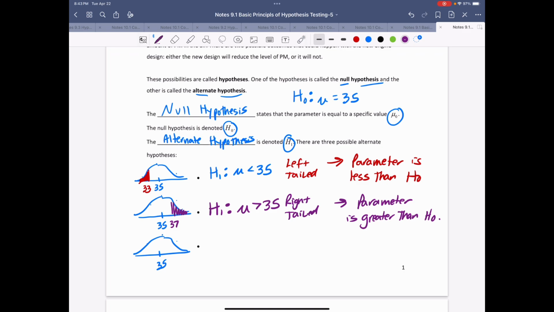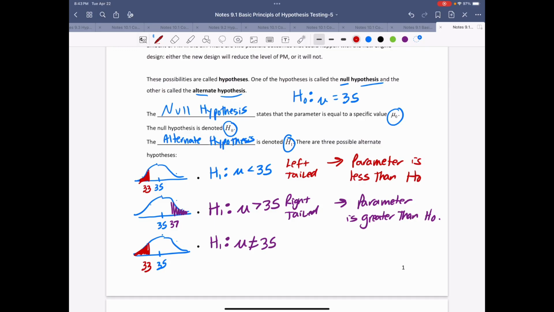And the last one is, I don't want to commit to less than or greater. I just think that it's different. So I think the parameter is different than 35. Let's say that you got a sample result of 33. So let's put the 33 here. Where it's not equal to, I'm going to take my 33 and shade this way. 33 is 2 from 35.